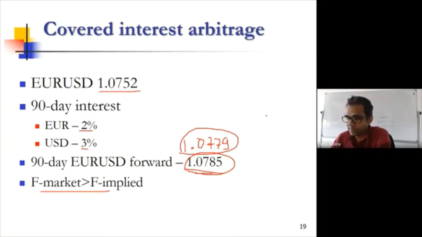So remember, by that time you should remember these things: what is a forward transaction, how to calculate the forward rate, and how to calculate cross rates and things like that.